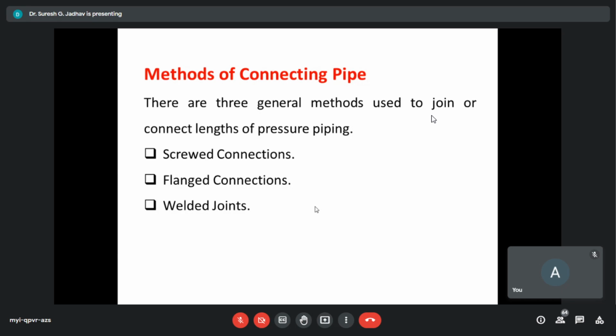Screwed connection, the first method. In this method, threads are cut on each end of the pipe, and screwed fittings such as unions, couplings, and elbows are used to join the lines.